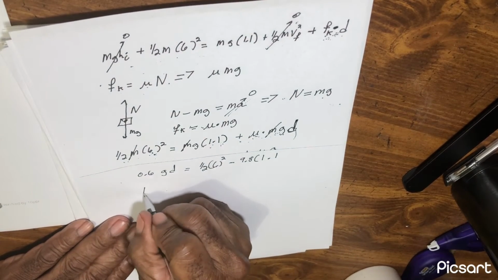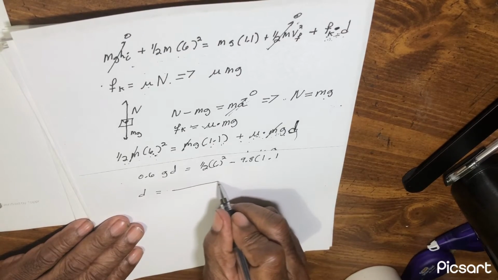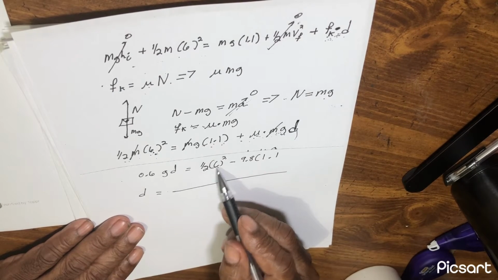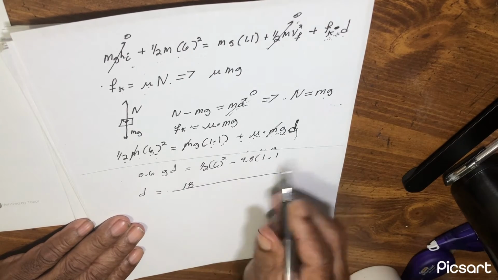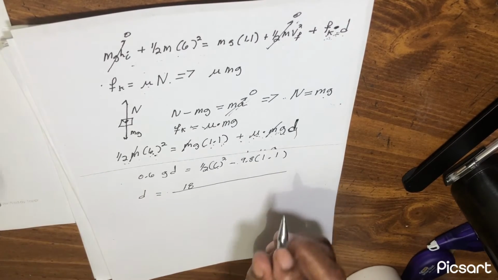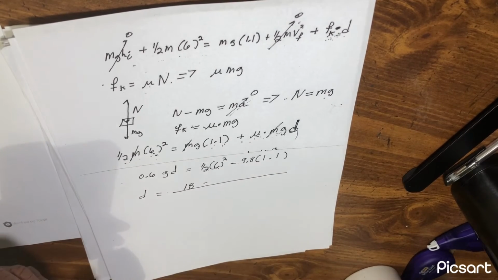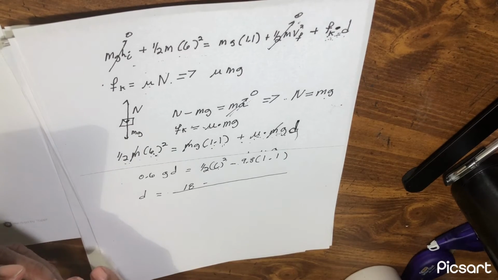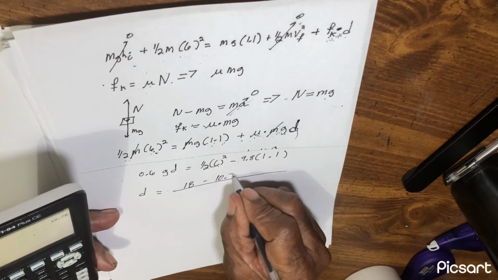So d is going to equal, we know 6 squared is 36, and half of that is 18, so we put 18. Minus 9.8 times 1.1. That's equal to 10.78.